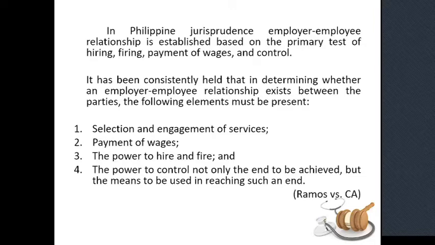So there's a contract of engagement in services. Also, there is payment of wages or pinapasweldo. There's also the power to hire and fire, and there's also the power to control not only the end to be achieved, but the means to be used in reaching such end. So this was established in jurisprudence by the case Ramos versus Court of Appeals, that was established in the 1980s.